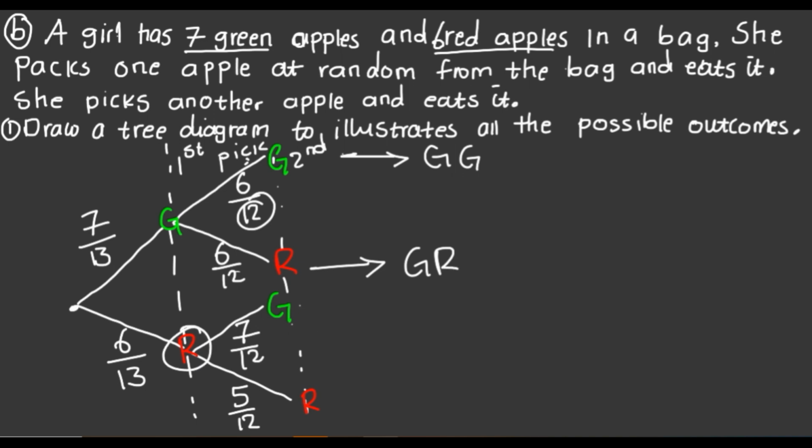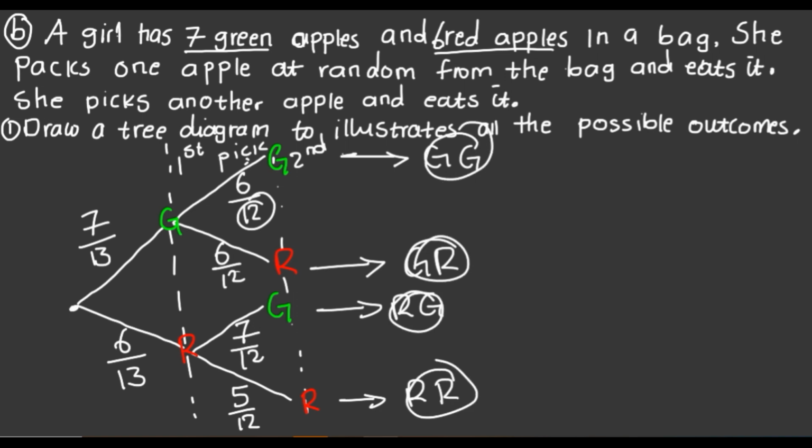Then for this one, red, green. For this one, it's red, red. So these 4 are the possible outcomes that we can expect from the given question.